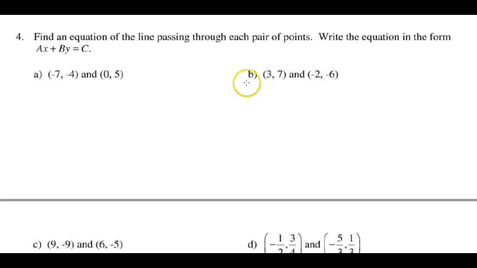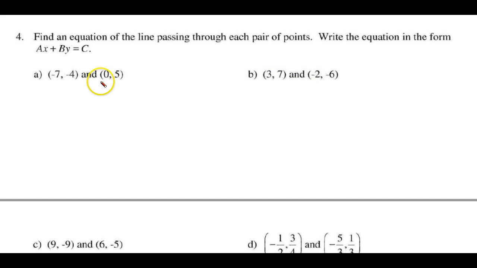The different thing they have here is that they don't give you the slope, but they give you 2 points. So what we need to do here is first find the slope. Then we can choose either of the points to put into the point-slope form.